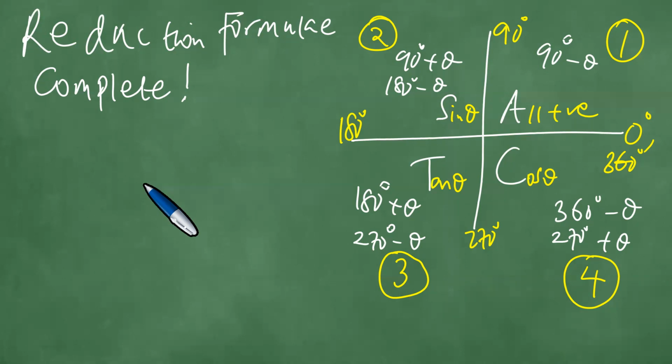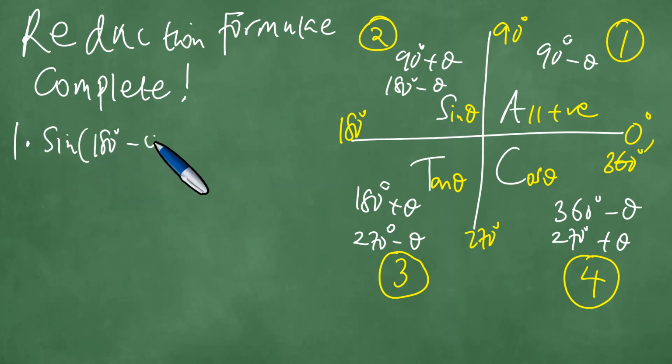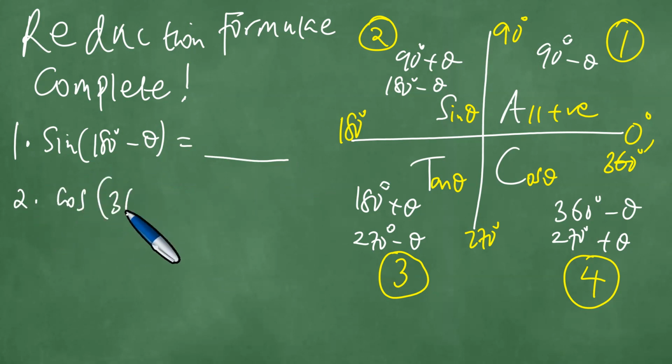Okay, so let's look at the first one. We give you the sine of 180 degrees minus theta. What is the answer? Number 2, the cosine of 360 degrees minus theta.